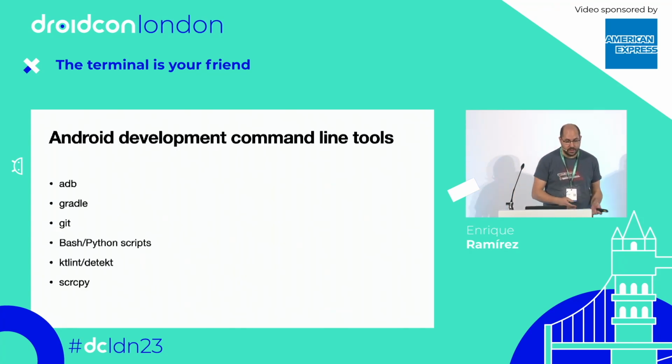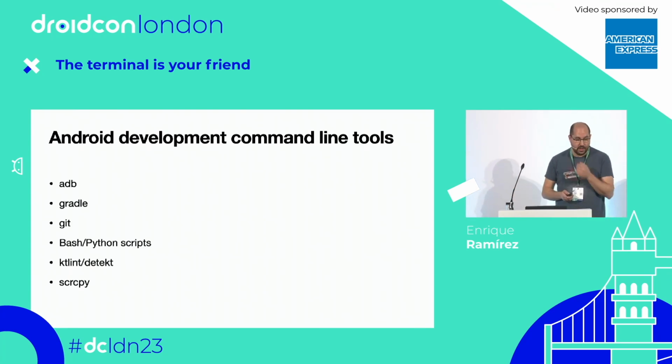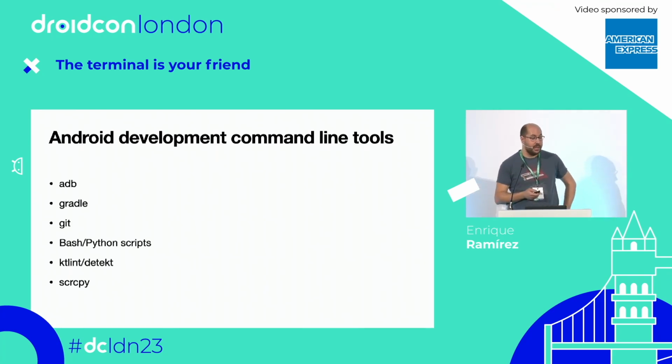And the other things that in your normal daily Android development you will normally play with are ADB, or maybe also the SDK manager, Gradle, everyone, right? Git. If you are into CI/CD, you might do a little bit of Bash or even Python scripts, depending on which CI you're using, and you might use some linting tools from the command line.